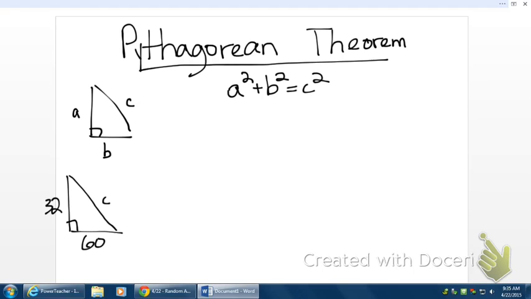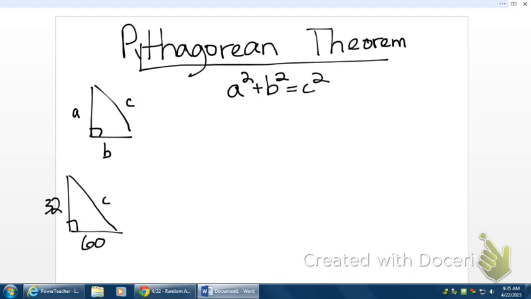A squared plus B squared equals C squared. So my A is 32 and my B is 60. It doesn't have to be that 32 is your A or 60 is your B. Your A and B are really interchangeable. It doesn't matter what order you put them in. The only one that matters is that C, the hypotenuse. All of these have to be equal to it.